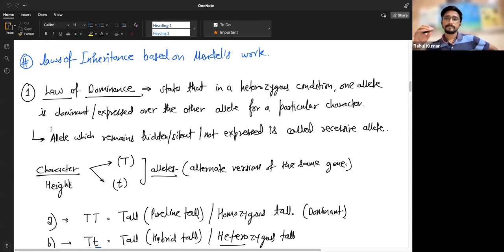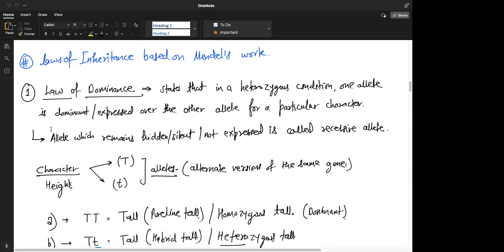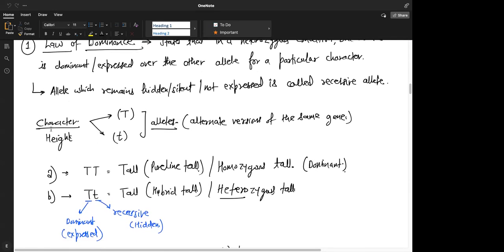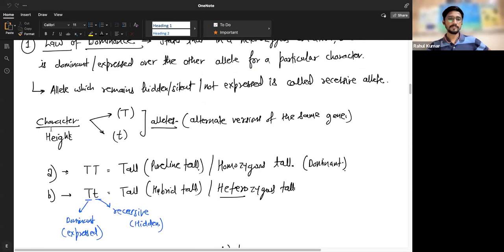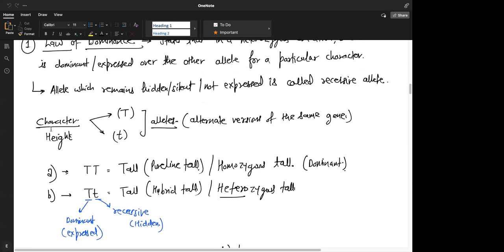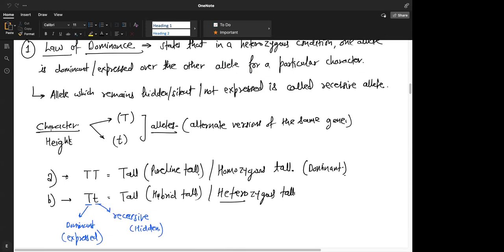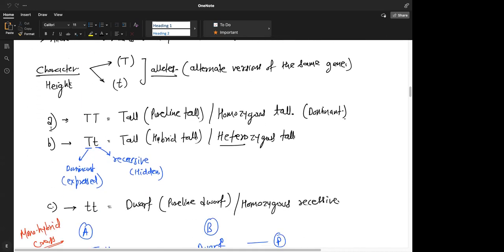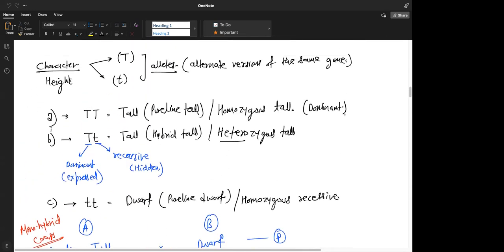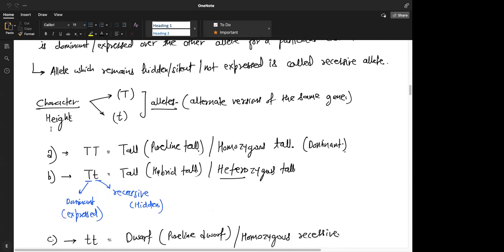Character, we took height as one character. Then there is a tall character and a dwarf character. Both come as alleles. These are known as alleles, alternate versions, alternating versions of genes. I think I have read somewhere one more thing about them, something related to coding.